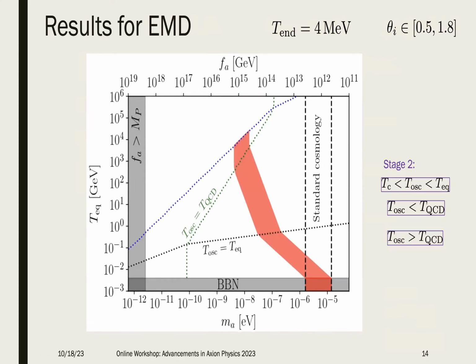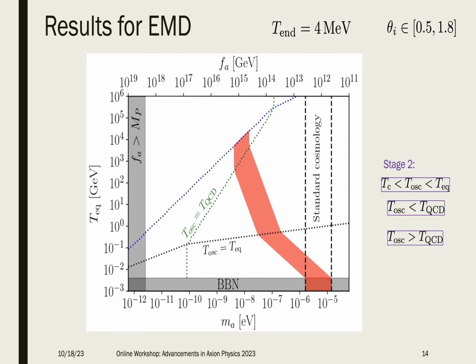In the case that the oscillation happens in stage 2, so the oscillation temperature is between the dominance of the new field but before it starts to decay, this is how it opens up the mass range. In here, you can have the oscillation happen either after or before the QCD phase transition.